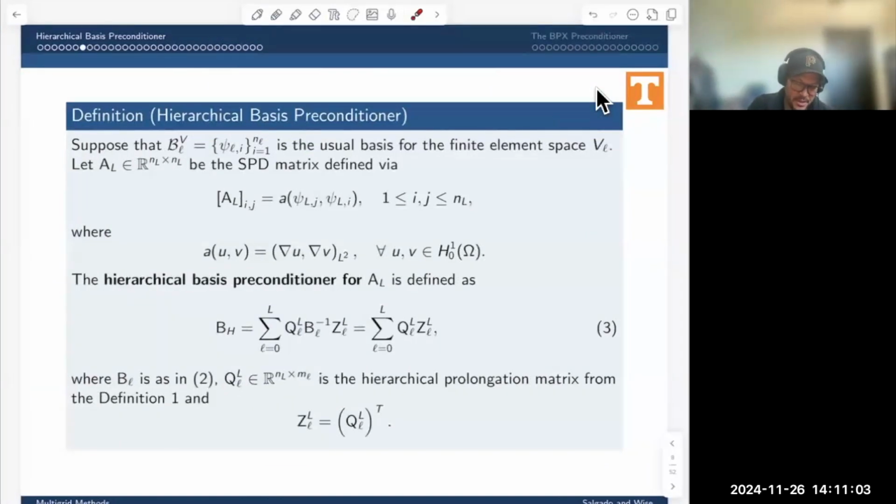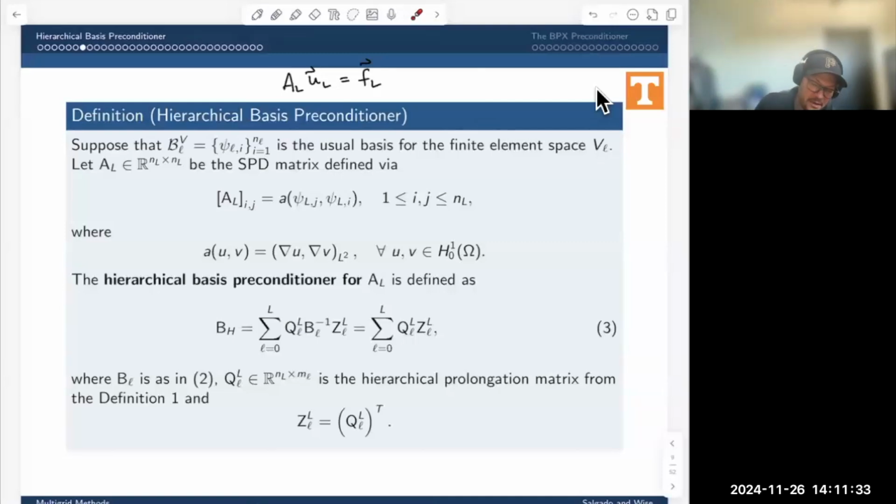We're going to use this B to define this hierarchical basis preconditioner for solving the finite element problem that we spoke of earlier. In that case, we're going to write the stiffness matrix that we want to solve, involved in this problem here, AL equals FL for some finest level of the finite element space.